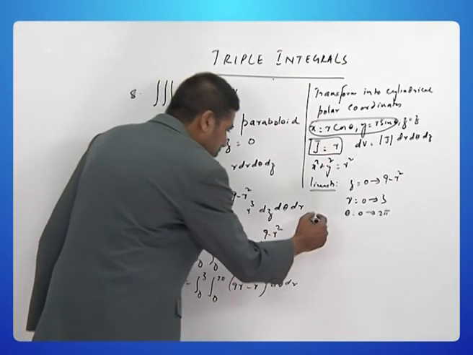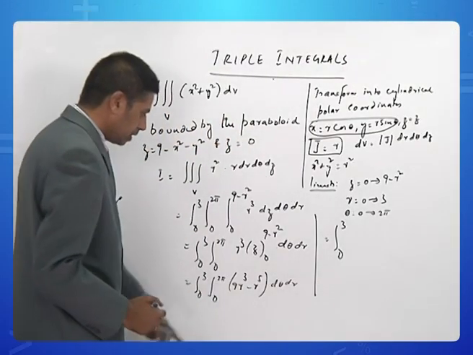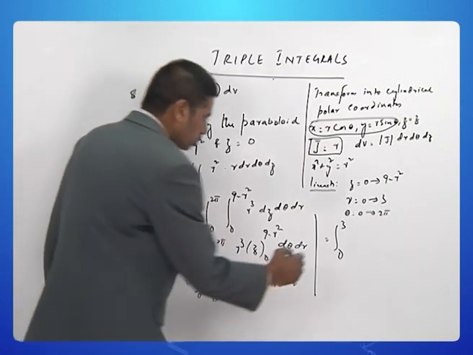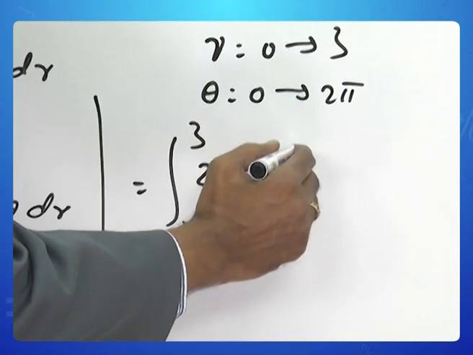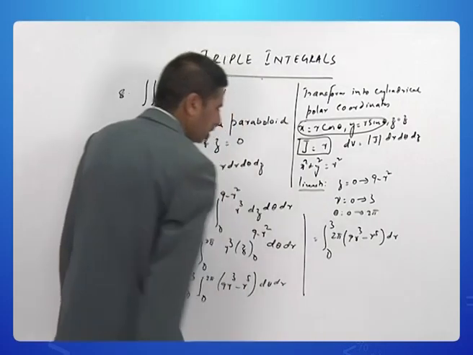So now you will have 0 to 3, integration of d theta is theta, so you will get 2 pi into 9r cube minus r power 5 dr.